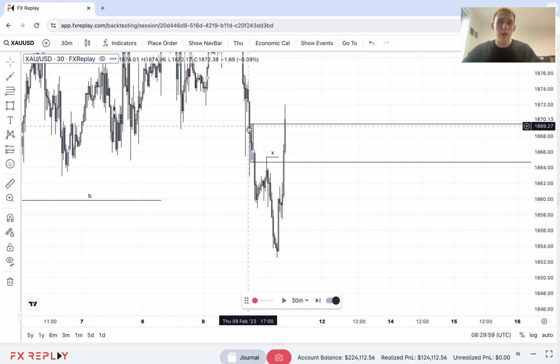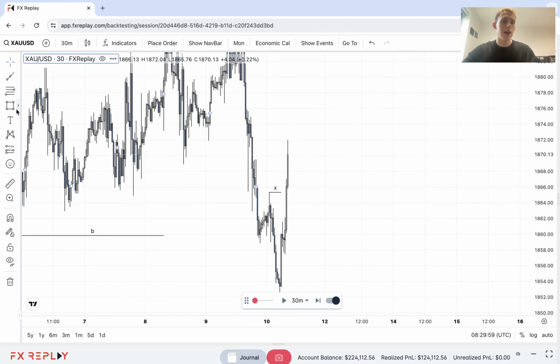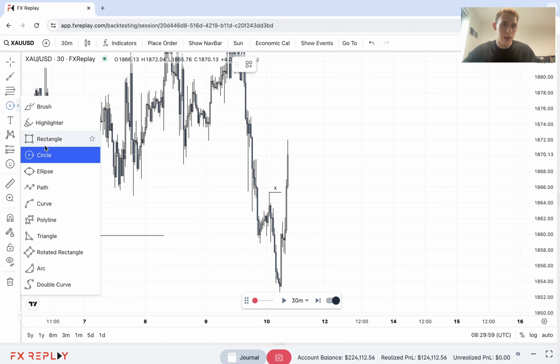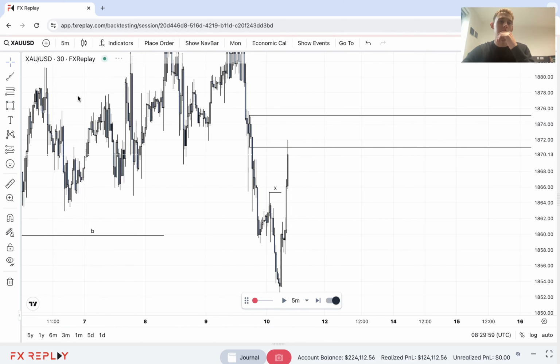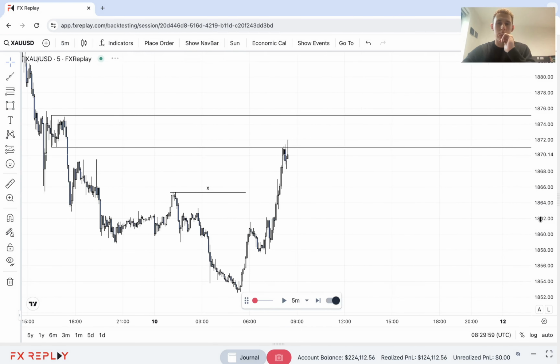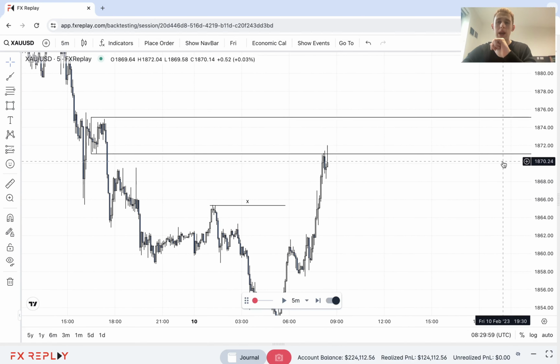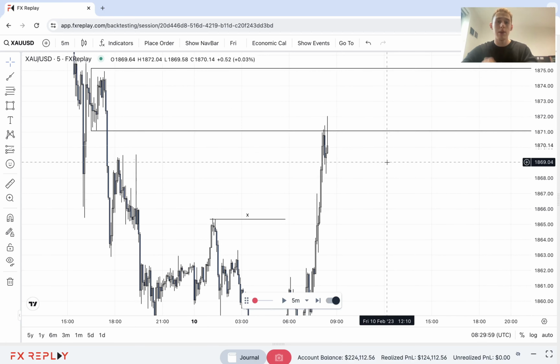Okay, so that one failed, but like I mentioned, the next zone would be this area. Let's see what happens in there. This would be a 5-minute entry because it's a 30-minute point of interest.